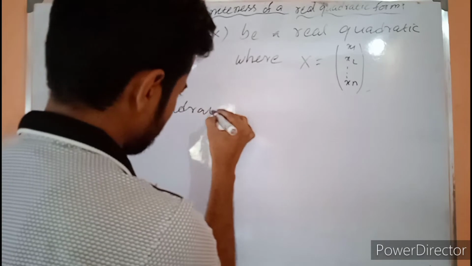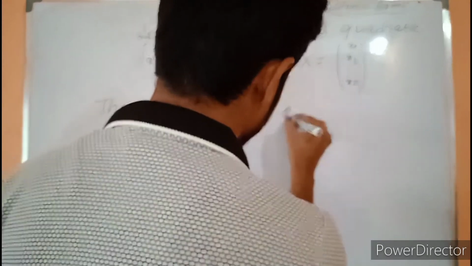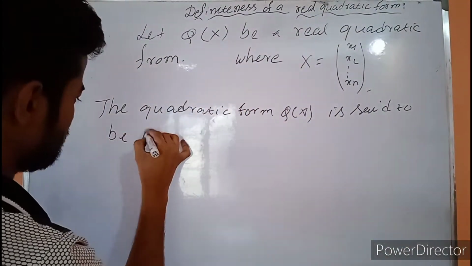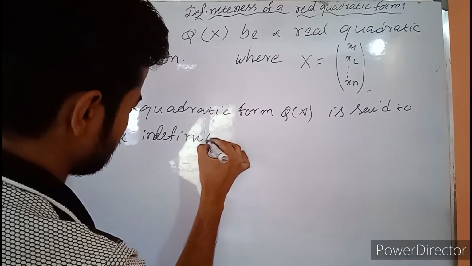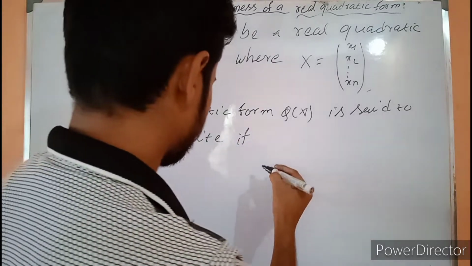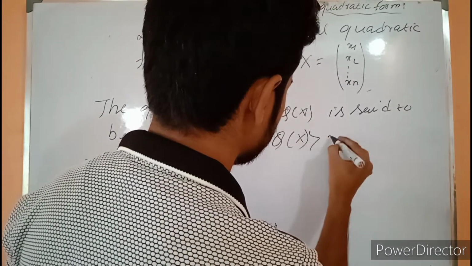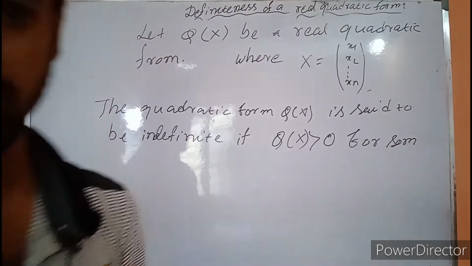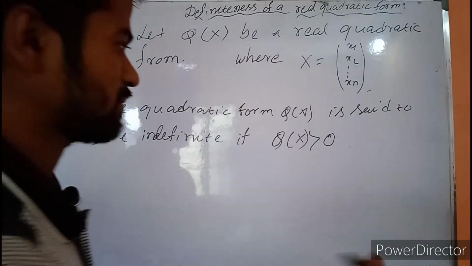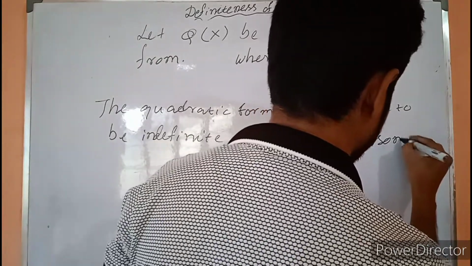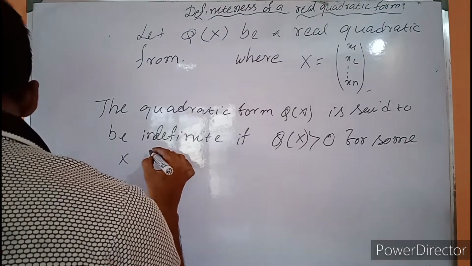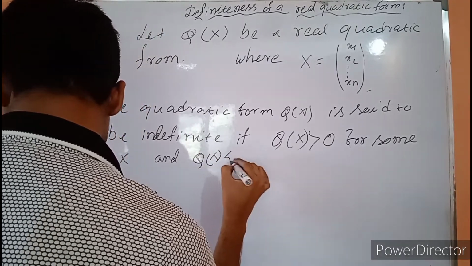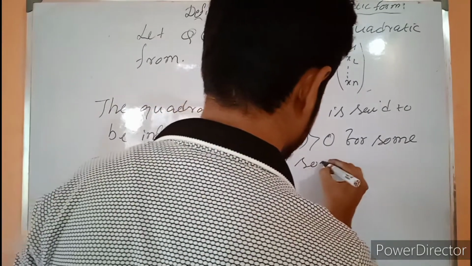The quadratic form Q(x) is said to be indefinite if Q(x) is greater than 0 for some x and Q(x) is less than 0 for some x.